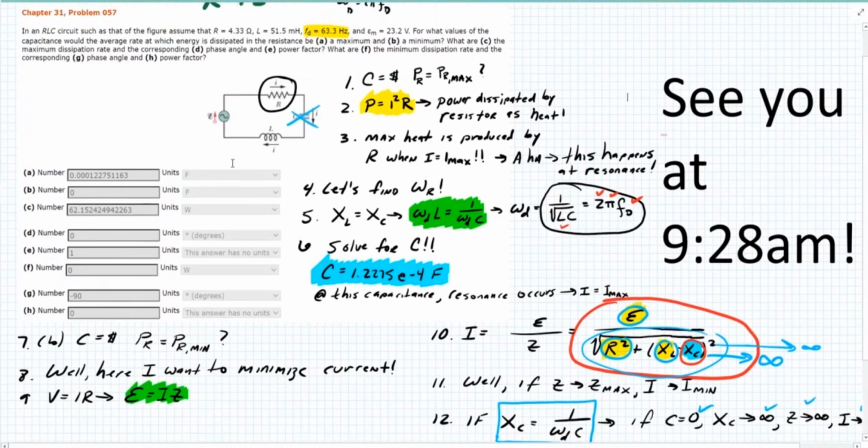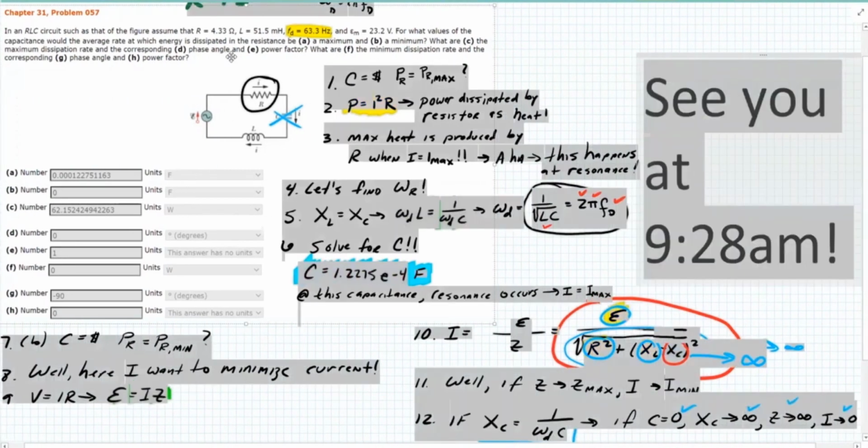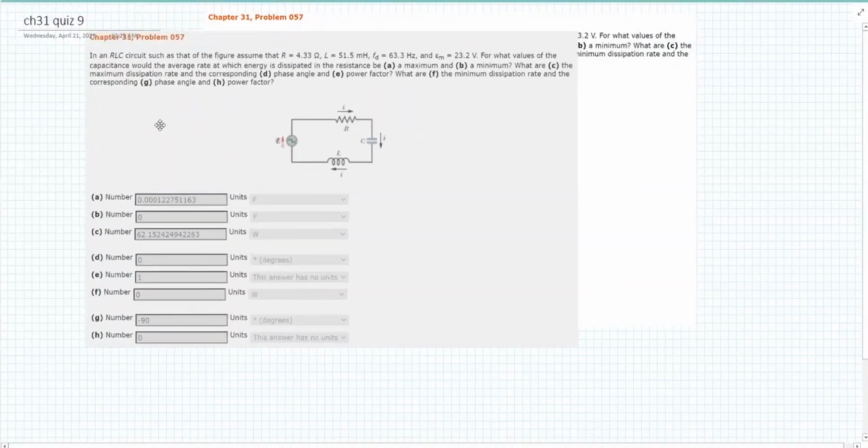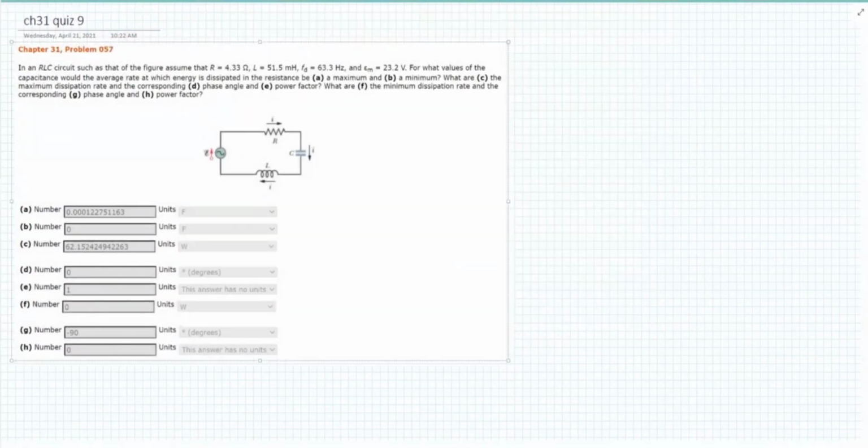Yes. I'm going to store my capacitor die. So let me just wipe this out. Okay, we are on part C.